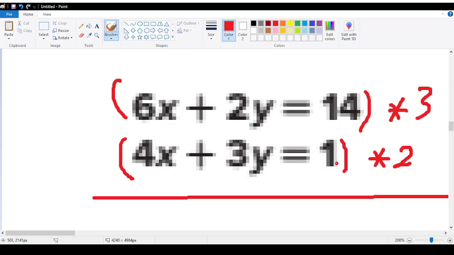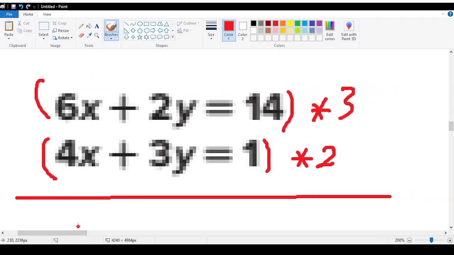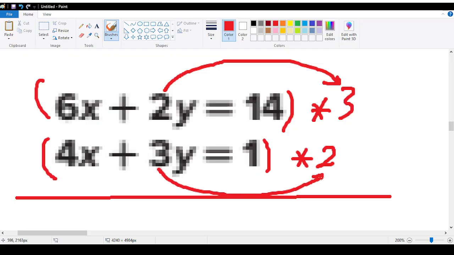Why have I done that? Do you have any answer? If I multiply the first equation with 3, this number will be what? 6. And if I multiply the 3 with the 2, this number will be how much? 6.